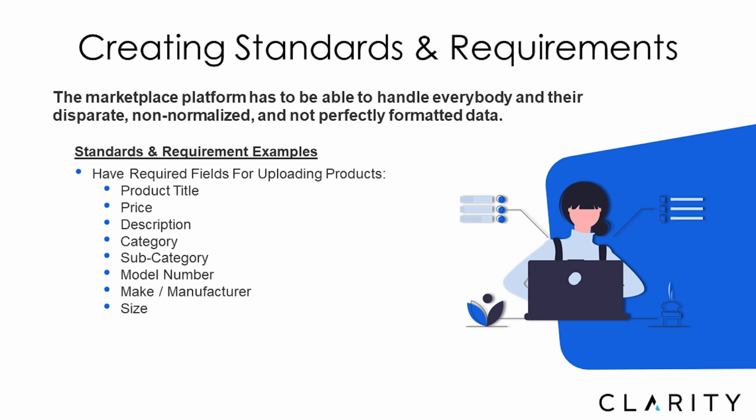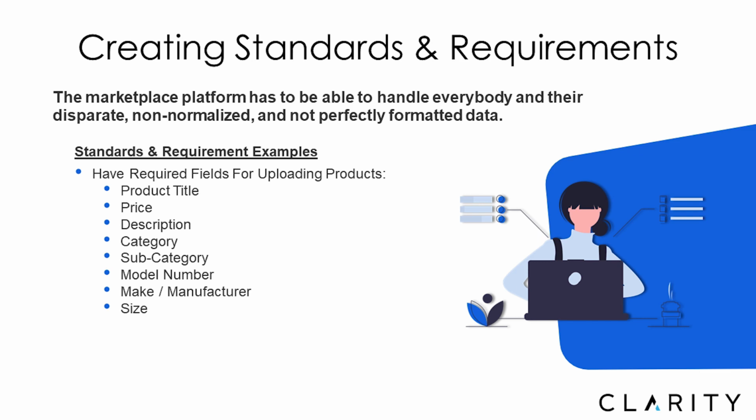And obviously, we're going to talk about governance and things like that in other videos. But the way to do that is to potentially make decisions on how your marketplace is going to behave best. How am I going to ensure that my sellers upload consistent data?